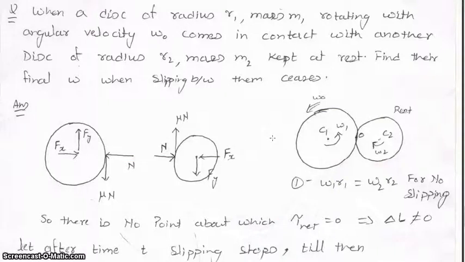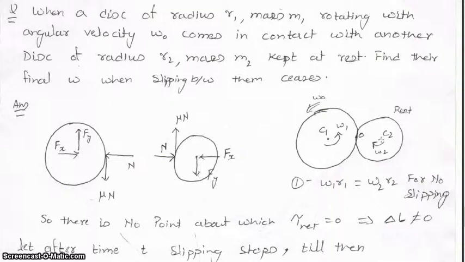As I drew the free body diagram of these two disks, from this diagram it is clear that there is no point, C1, C2 or O, about which the external torque of these forces can be made 0. If we take point C1, there will be torque due to, let's say, Fx and Fy.